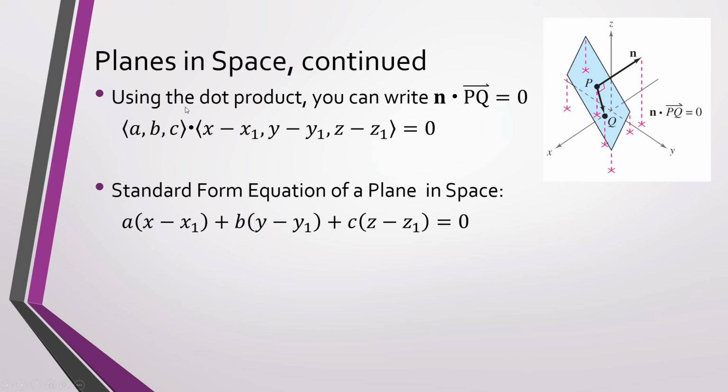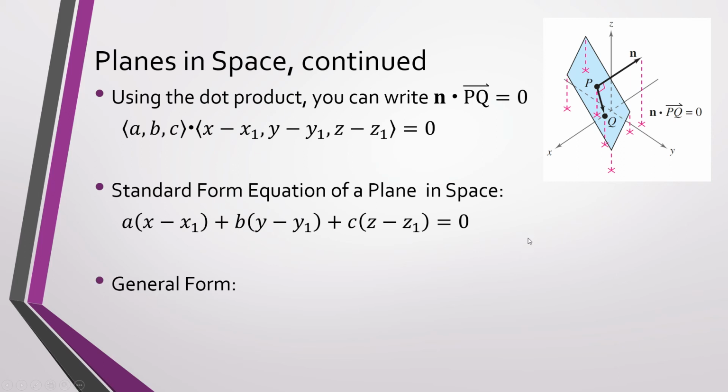If we were to distribute, to find our dot product, you multiply your x components, so a times x minus x sub 1, and plus multiply our y component, so b times y minus y sub 1, plus our z component, c times z minus z sub 1. We know that those all have to add up to equal 0 if these two vectors are normal or perpendicular.